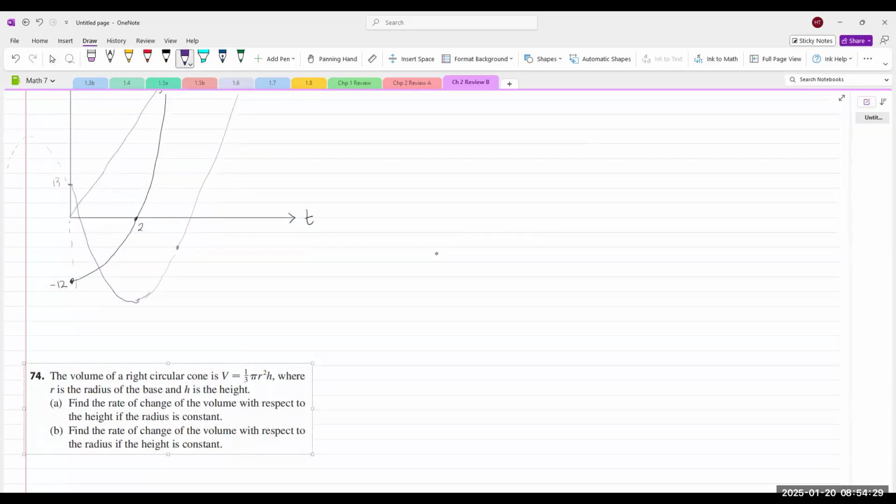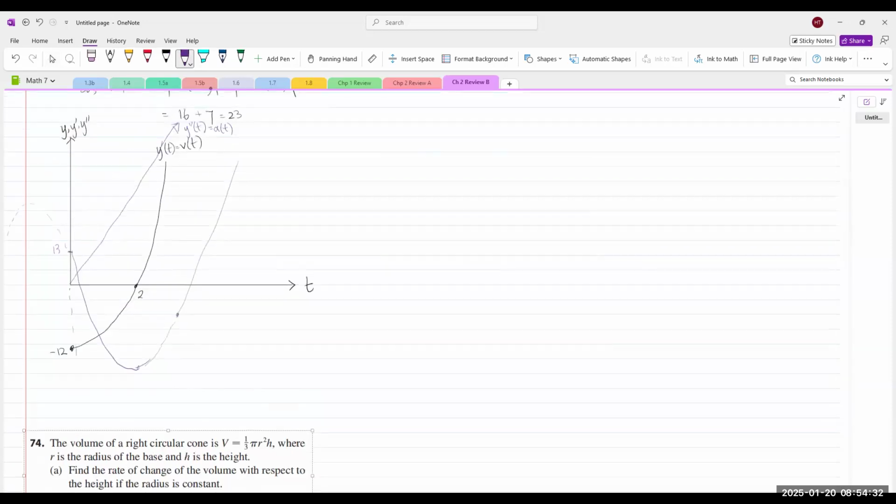But we start with t equals 0. So this is y of t. This is when t equals 2, y equals negative 16. And when t equals 3, y equals negative 6. So y of t is the position, y prime of t is the velocity, and y double prime of t is the acceleration.